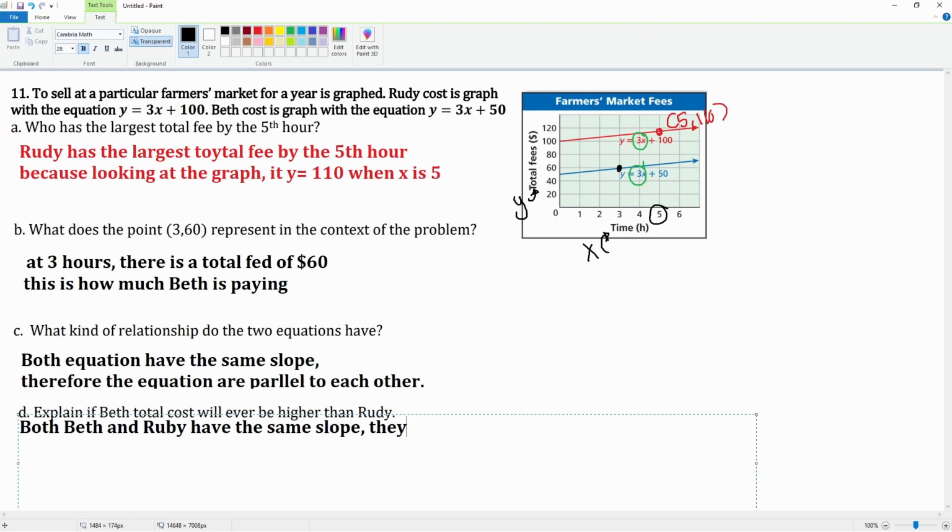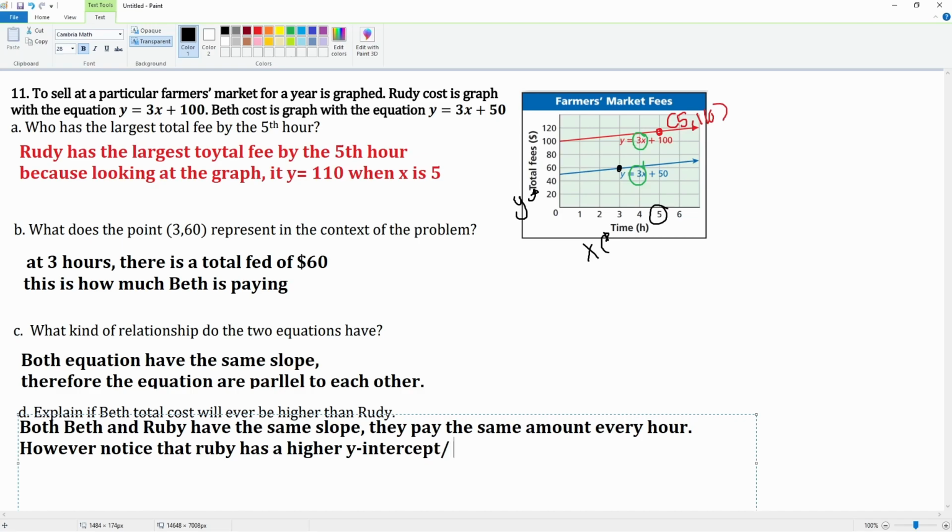They pay the same amount each hour. Okay. However, notice that Rudy has a higher y-intercept, or starting value.